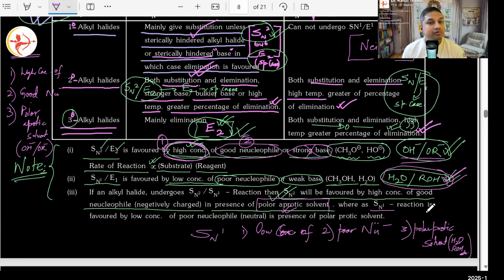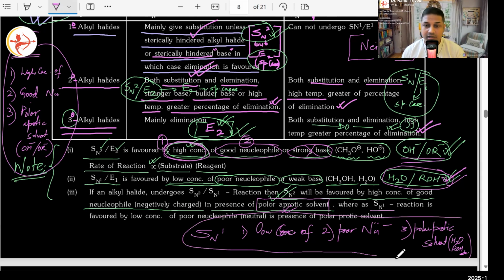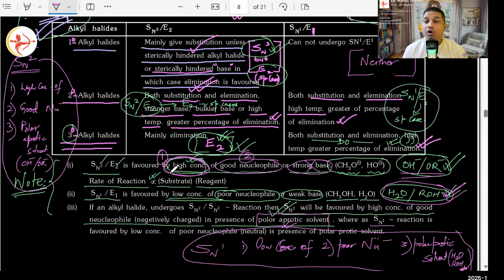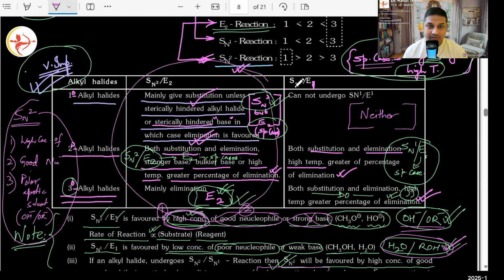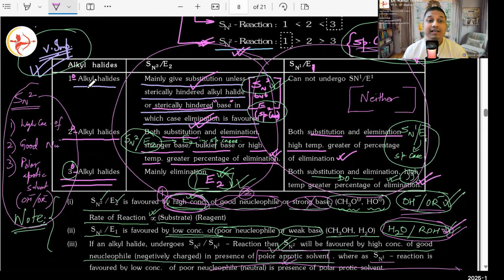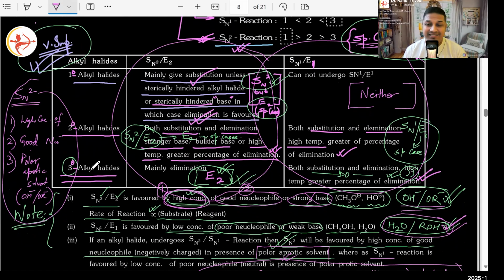If there is confusion between SN1 and SN2, that is cleared here, and if there is confusion between SN2 and E2 or SN1 and E1, that is covered here. And that too for all the cases of 1 degree, 2 degree and 3 degree alkyl halides.